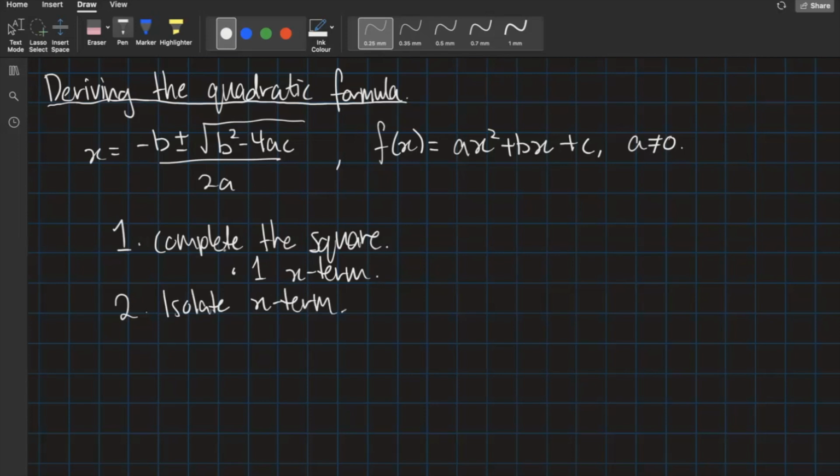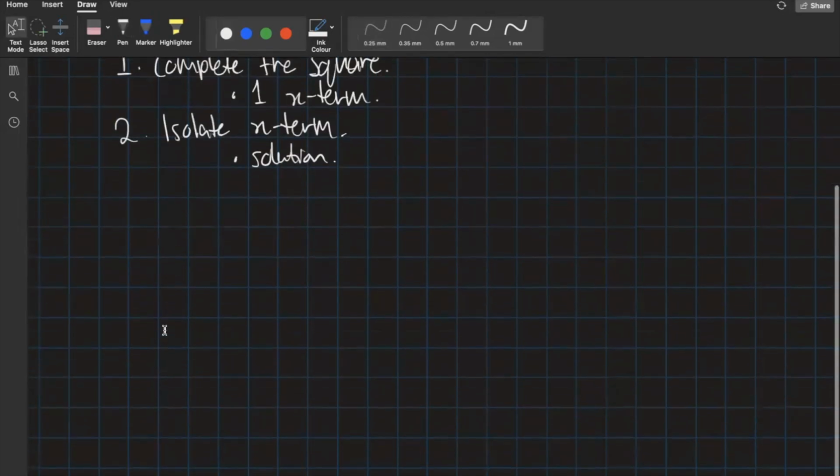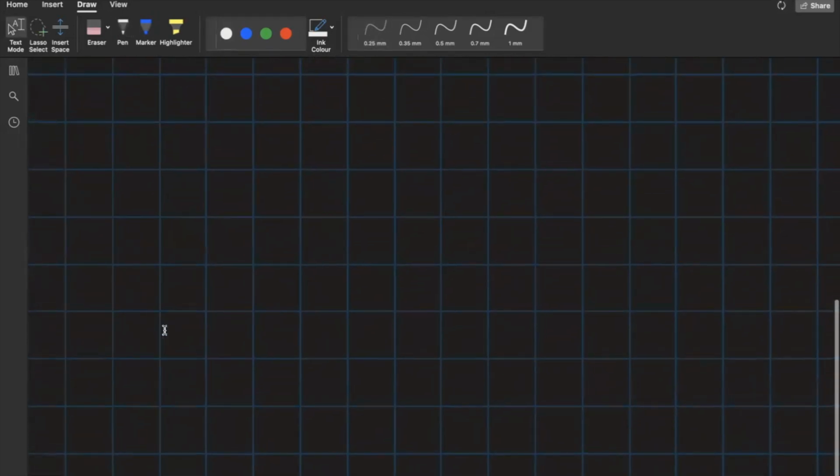Hence, we need to do step 1 first, which is to get a single x term so that it's easy enough to isolate. Once we've completed step 2, this is actually the solution or the result, which is the quadratic formula. So let's get started with step 1, which is to complete the square.